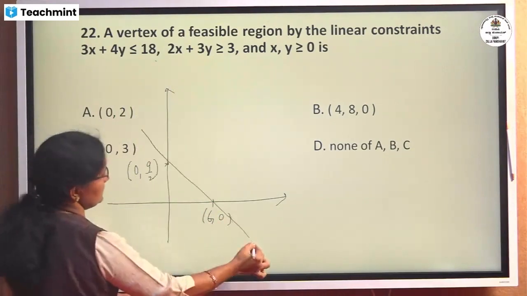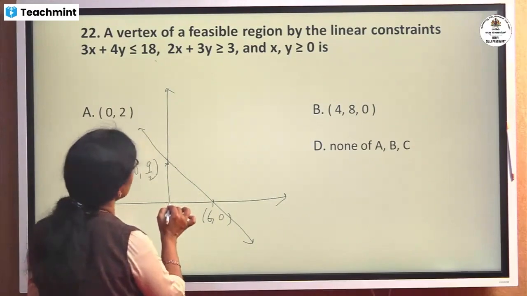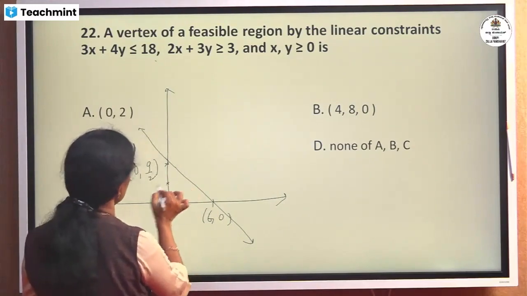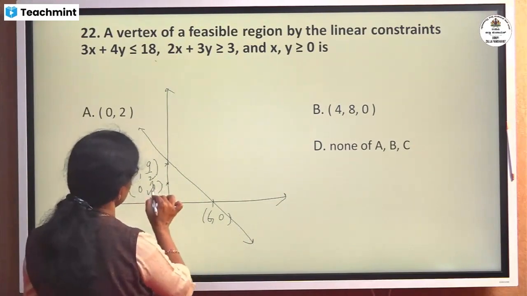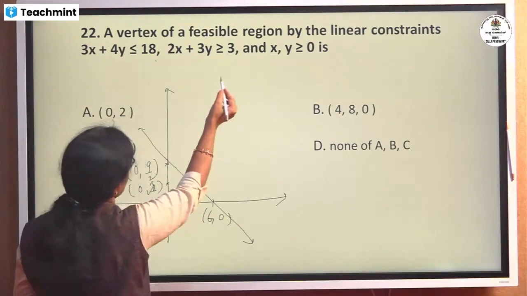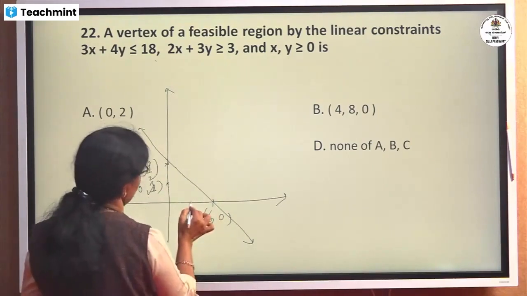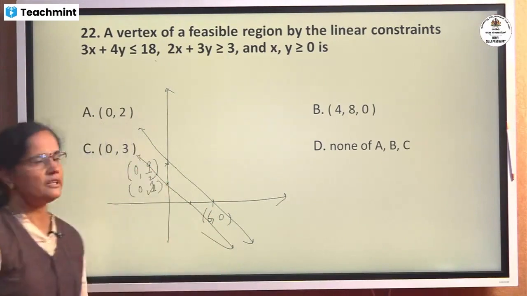This is the first equation that we may draw here. And when x is equal to 0, y is equal to 3, this is the point (0, 3). And when y is equal to 0, 2x is equal to 3, therefore x is 3 by 2. Here the line will be here only.